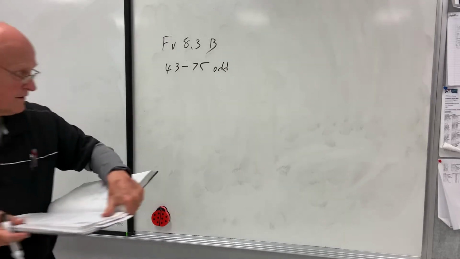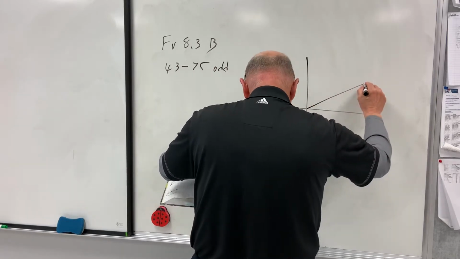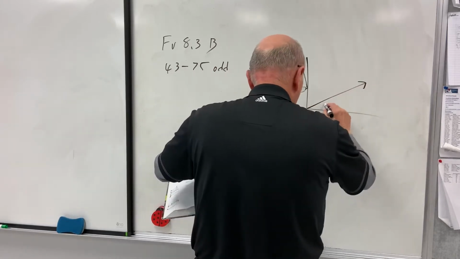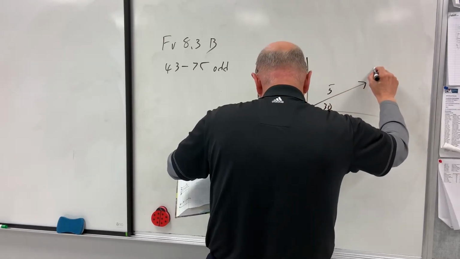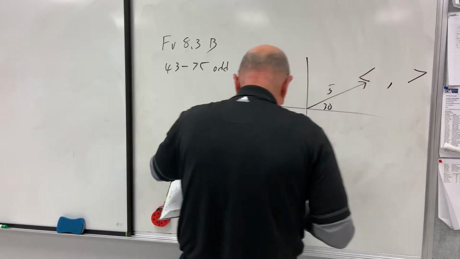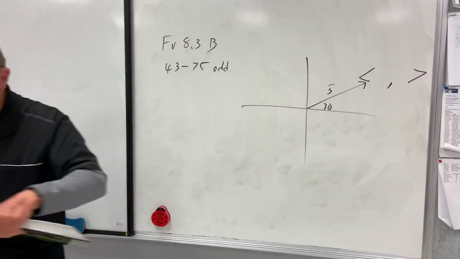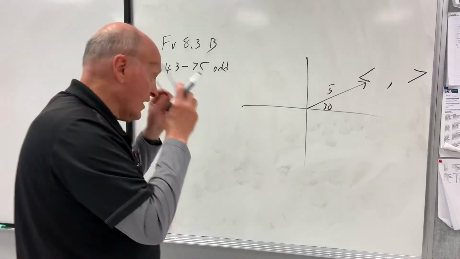We've got this vector drawn, and 5, and they want our answer in this form for this vector. We talked about it in the first part of the lesson.